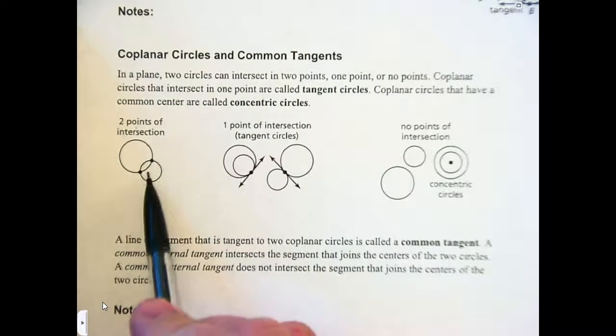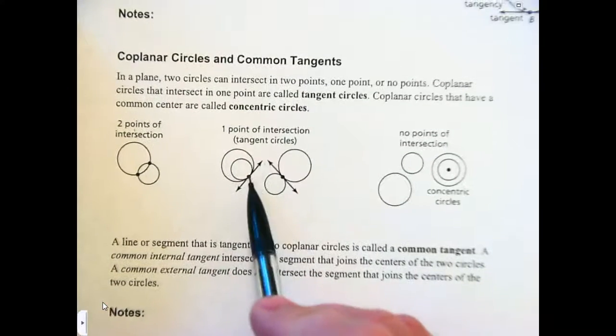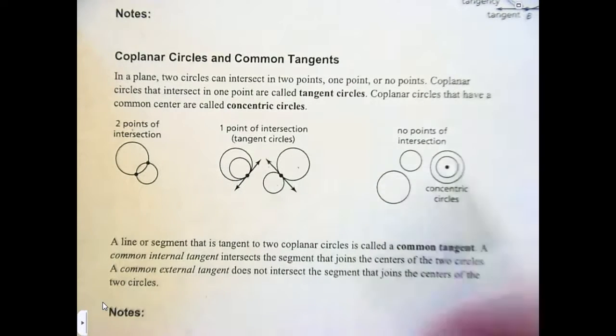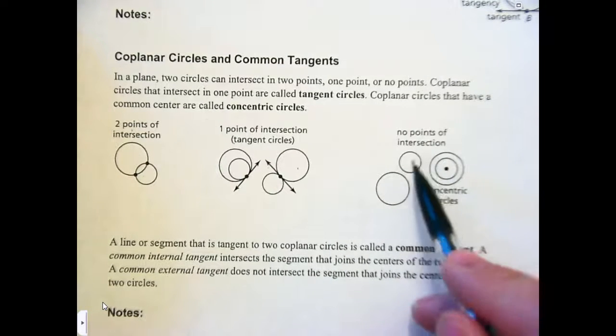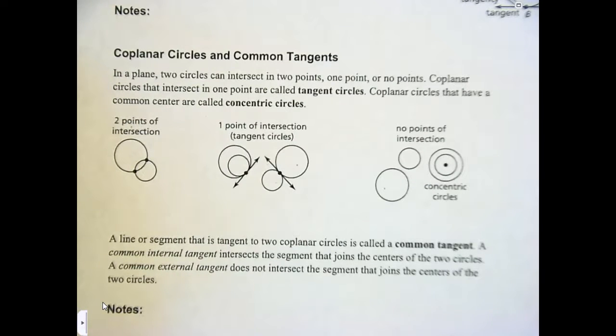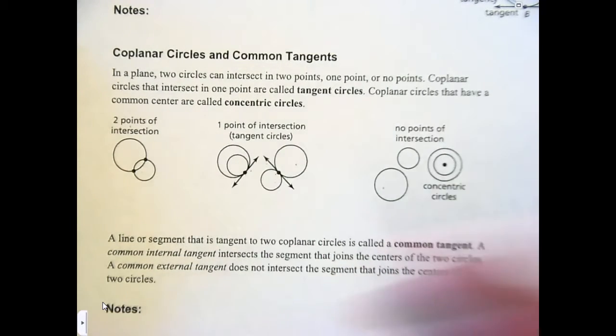Okay, 2 points of intersection here. 1 point of intersection, notice these are tangent because they have 1 point of intersection, like a little snowman here. And then no points of intersection can look like this. You could also have concentric circles that have no points of intersection. Okay, a line or a segment that is tangent to 2 coplanar circles is called a common tangent. So you have your common tangent there. Okay, so just some quick definitions.